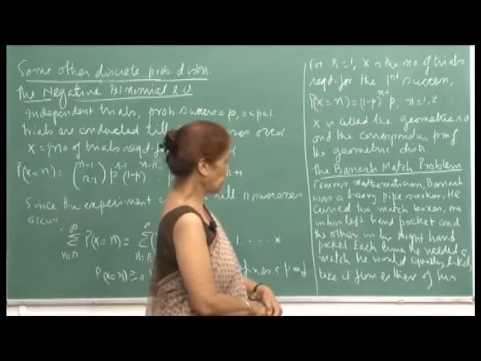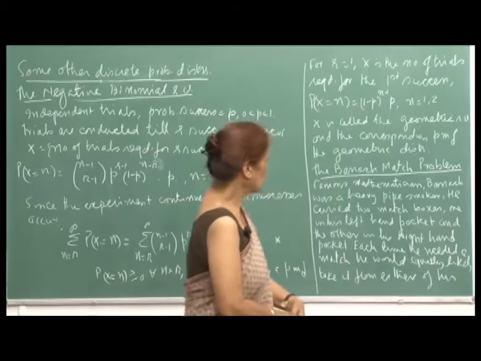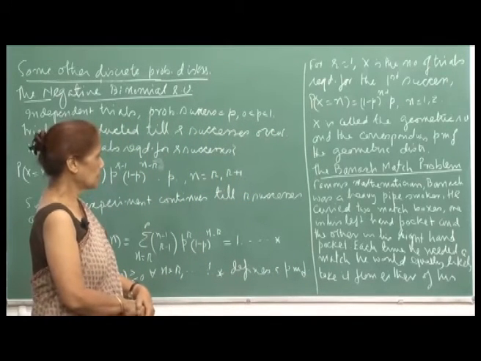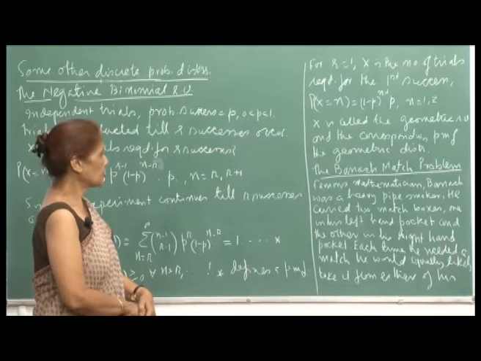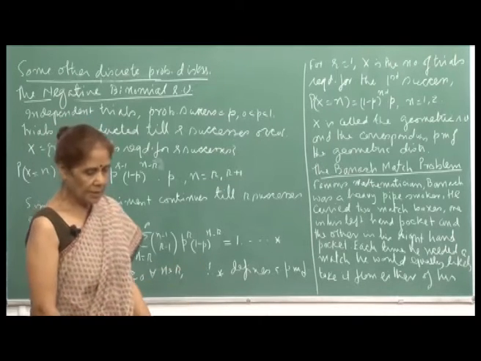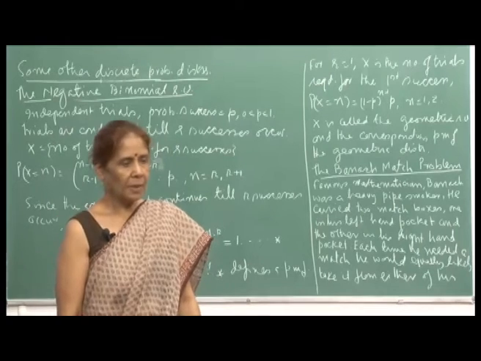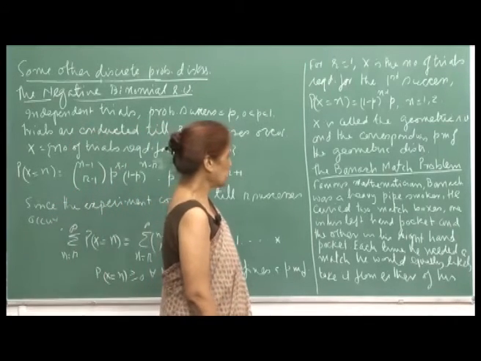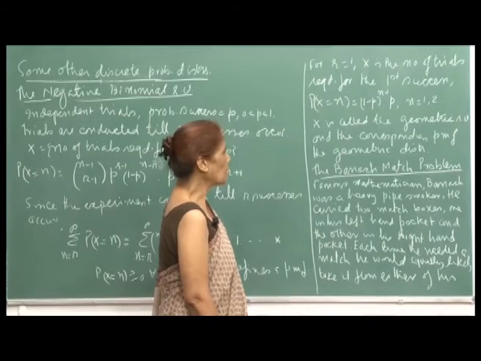Now, an interesting application of the negative binomial random variable and distribution is known as the Banach match problem. Banach was a very famous mathematician, and he was a heavy pipe smoker.